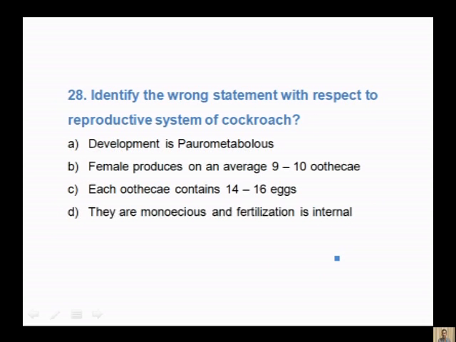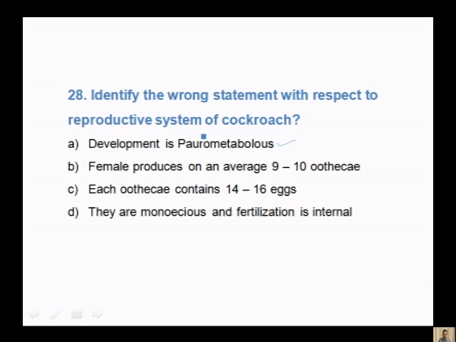Identify the wrong statement with respect to reproductive system of cockroach. This question is about the reproductive system of cockroach. Look at the first point. Development is paurometabolous. Paurometabolous in the sense consists of different nymphal stages. If morphologically distinct nymphal stages are present in the development of cockroach from egg to adult, it is called paurometabolous.